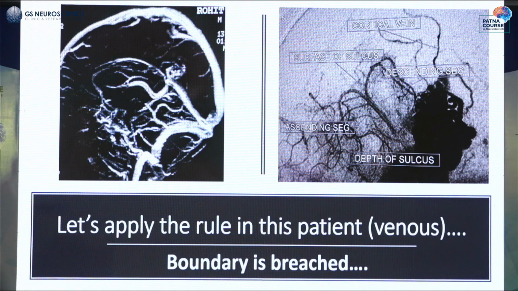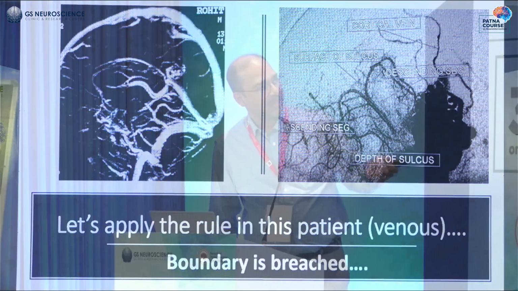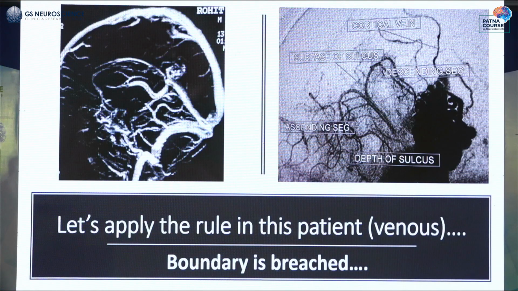Now, once we are into the case, we see which vessels are going, and how to delineate the sulci and the gyri: which are the ascending parts of the vessel, which are the descending parts, which is the depth of the sulcus, which is the surface of the sulcus. Everything we can see if we understand.